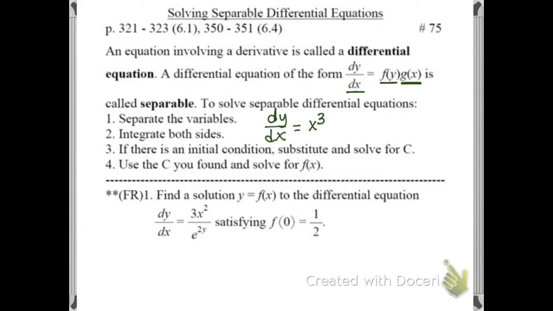Okay, so before we can integrate, we have to do step 1 at the top, which is separate the variables. The only way you can separate the variables is by multiplication or division. So I'm going to multiply the e to the 2y to bring it to the left.